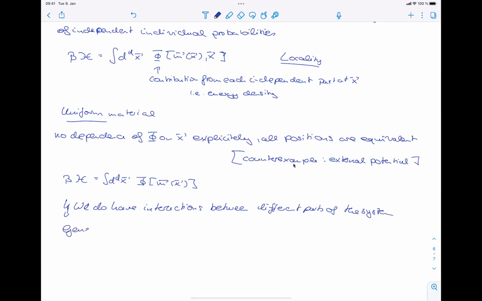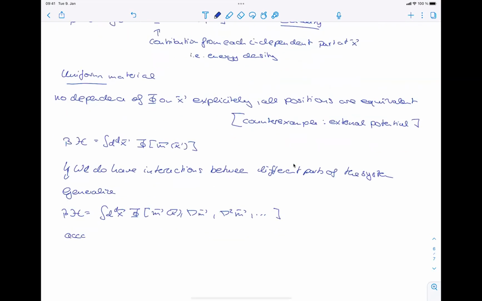And so we should generalize that our beta H still has no explicit dependence on x, but we explicitly state that these terms should be allowed. This is to account for non-local interactions by including many derivatives. And I can go higher and higher.